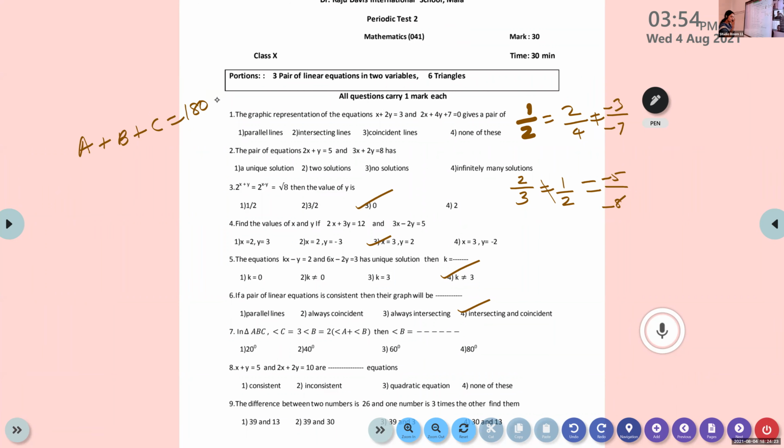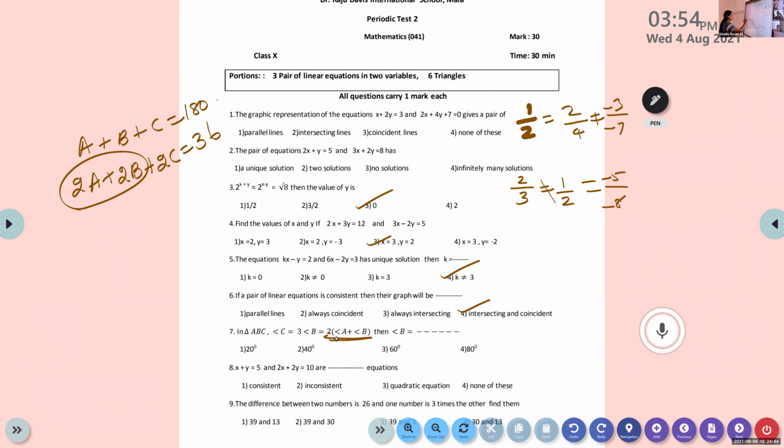Okay, we no need to take that method and all. You can do it either using linear equations or easily what you can do. It is 2 times A plus B is given. So I multiply throughout by 2. 2A plus 2B plus 2C is 360. But what is given about twice angle A plus B?